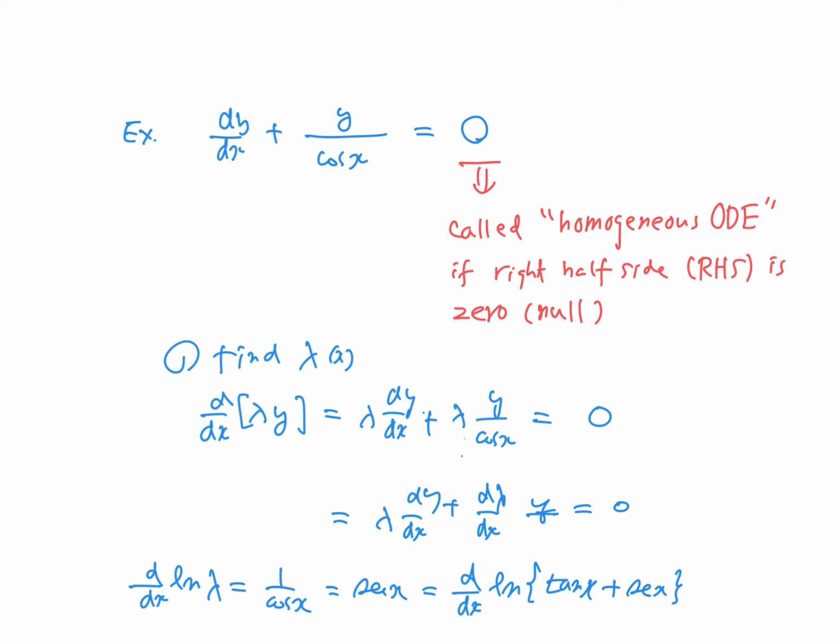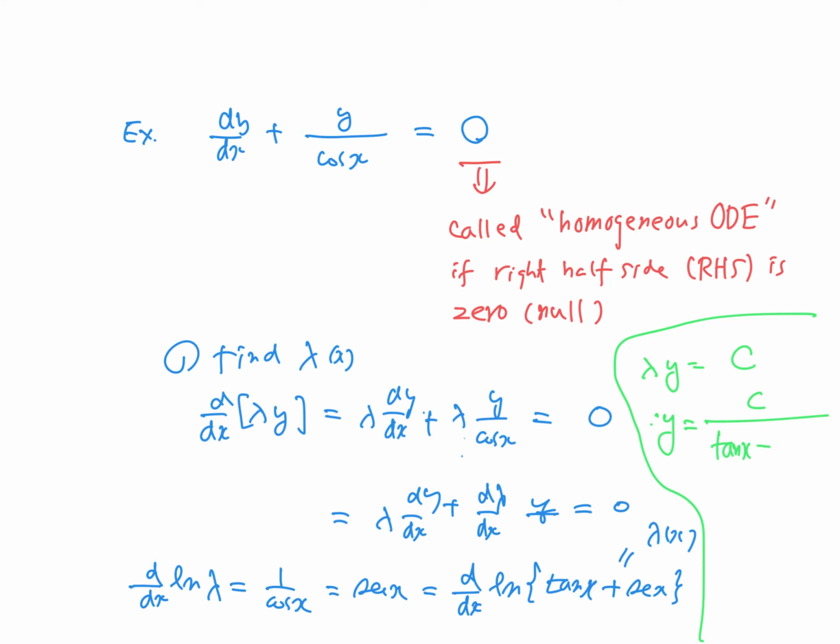So this is your lambda, actually. So lambda y is constant. y is actually c over tangent x plus secant x. That's the solution.